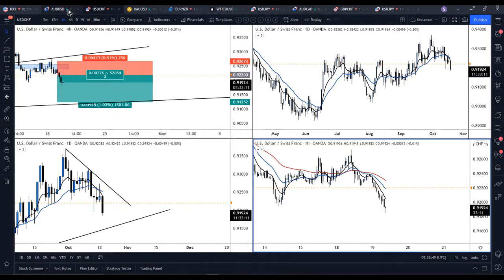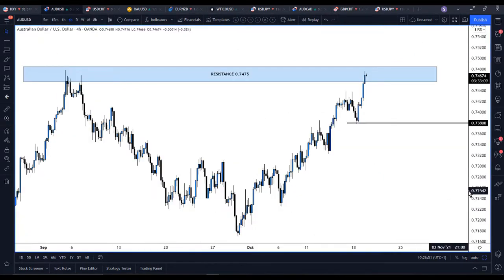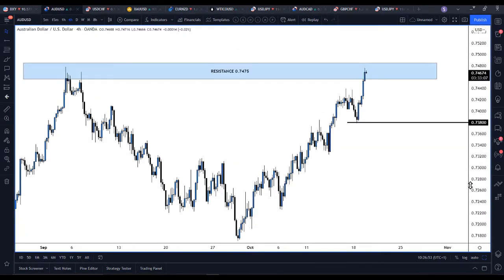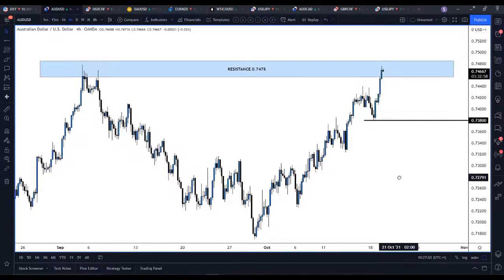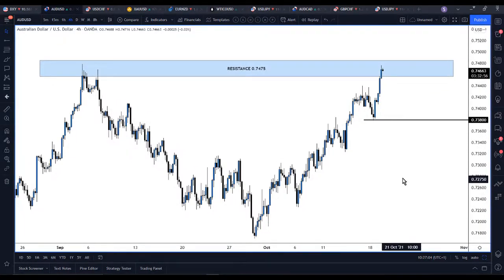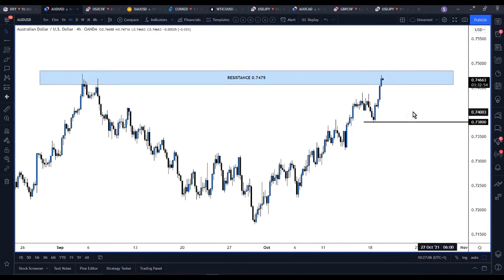If you've been following our analysis on AUD USD, we posted it in our free Telegram channel on Sunday, and I've probably talked about it in the updates. Then we were looking for price to come into 73.80 on AUD USD, and then buyers to come in targeting 74.75, I think.